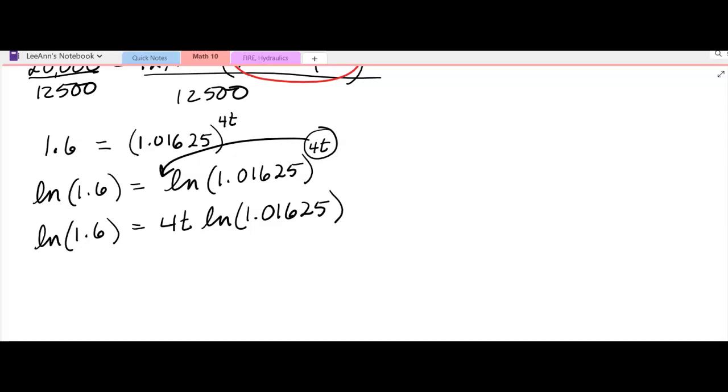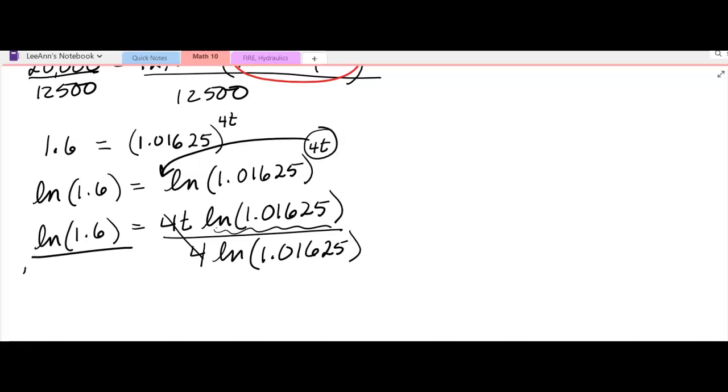Now, what's kind of weird is that you're going to divide by 4, right? So the 4's will cancel. But this part right here, the natural log, is just a number. And so you're going to divide by that as well. And you're going to do that on the other side. And it looks something like that. Okay, so then those cancel, and you just have t. You can see that little t in there.